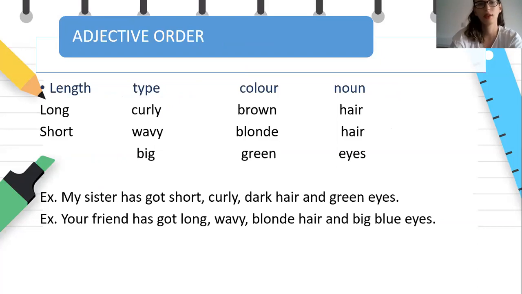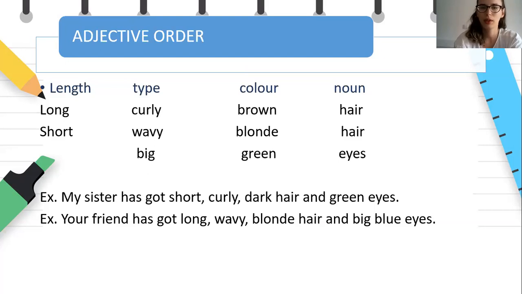So this is an important adjective order to remember. When describing people's appearance, you follow this adjective order. First, we talk about the length, then type, color, and at the end goes the noun. Remember, length, type, color, noun. Long, curly, brown hair. You cannot say, I have got curly, brown, long hair.